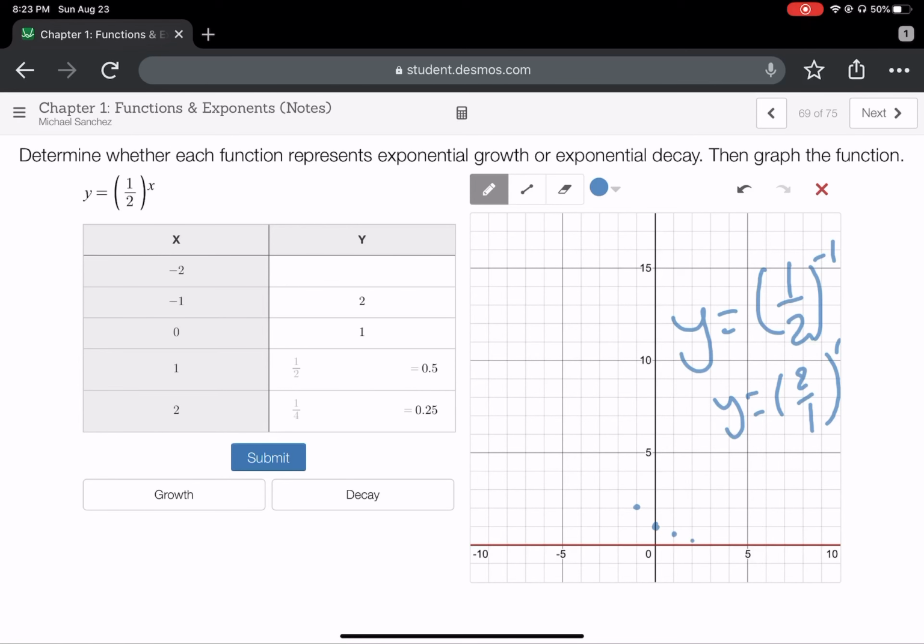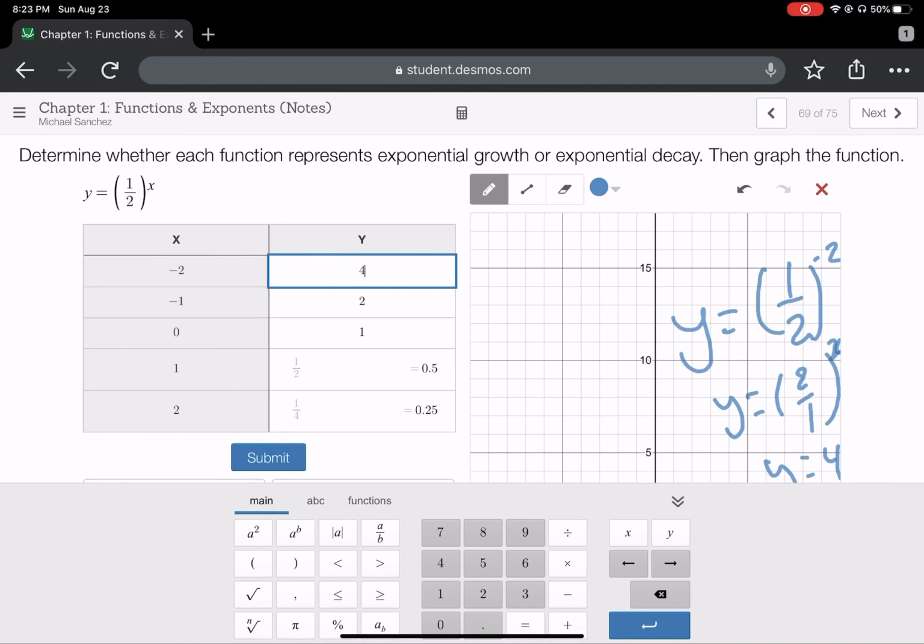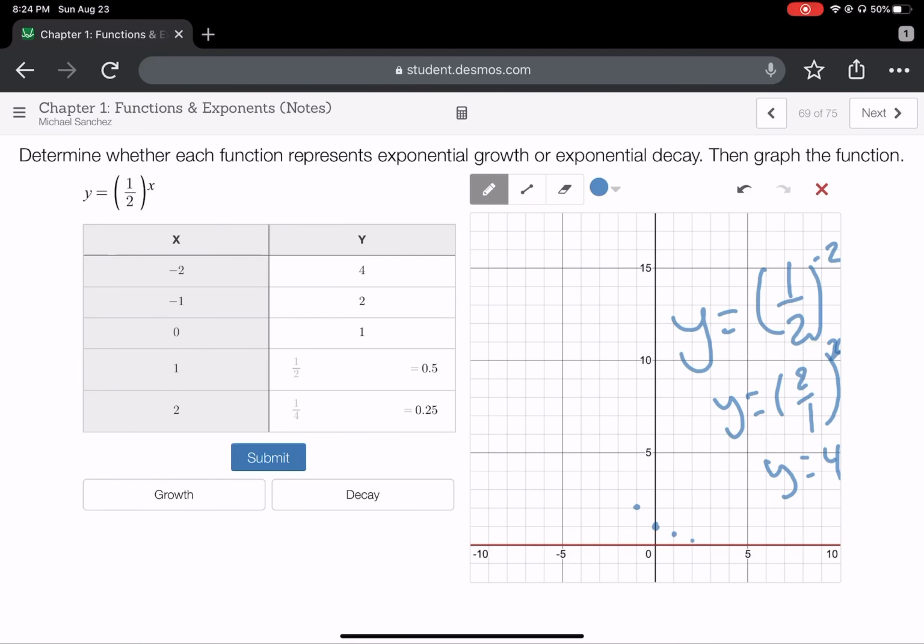And then for -2, it's going to do the reciprocal, and then it's to the power of 2. So 2 to the power of 2 is going to give us 4. So -2, 4. All right. So that right there, once we hit submit, should be the graph of our function.